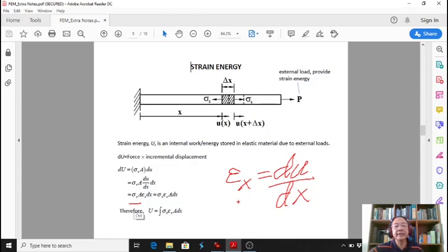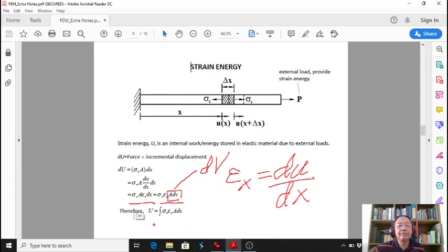So this is strain times dx. So this is equal to sigma x strain A dx. A dx represents the volume, so this is dV.